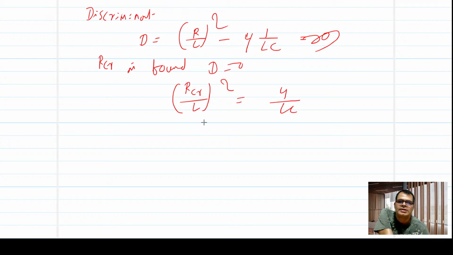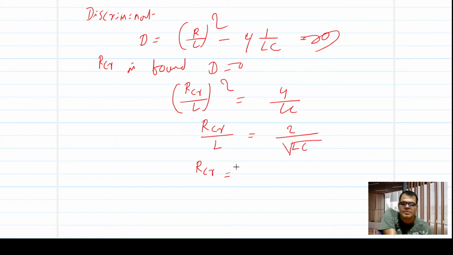So R critical upon L is equal to 2 root over LC. R critical has come many times in the GATE exam, maybe not these days, but in the past. R critical is 2 L times root over 1 upon LC, that is 2 root L by C.